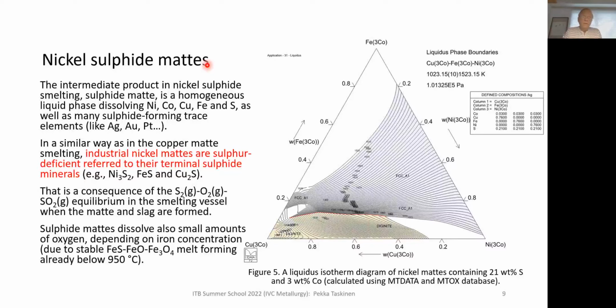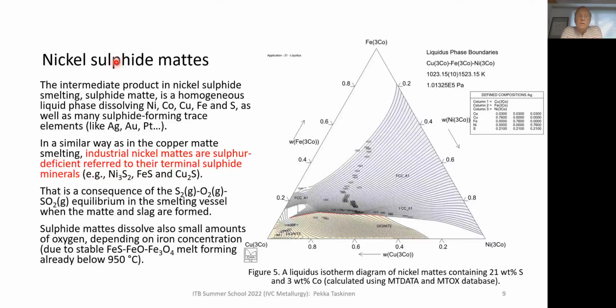Nickel sulfide smelting produces a matte, which is a homogeneous liquid phase dissolving nickel and these other sulfide favoring elements, major elements like copper, cobalt, iron.